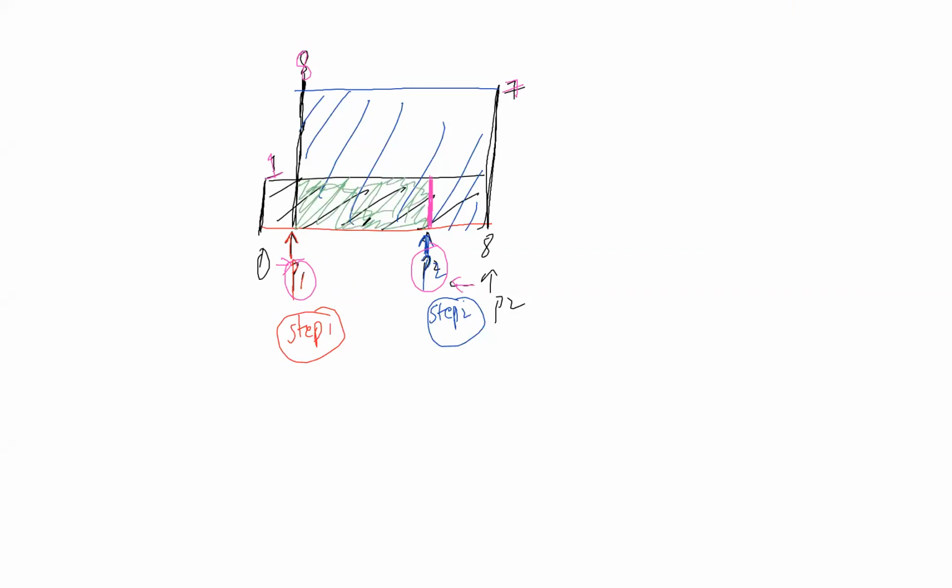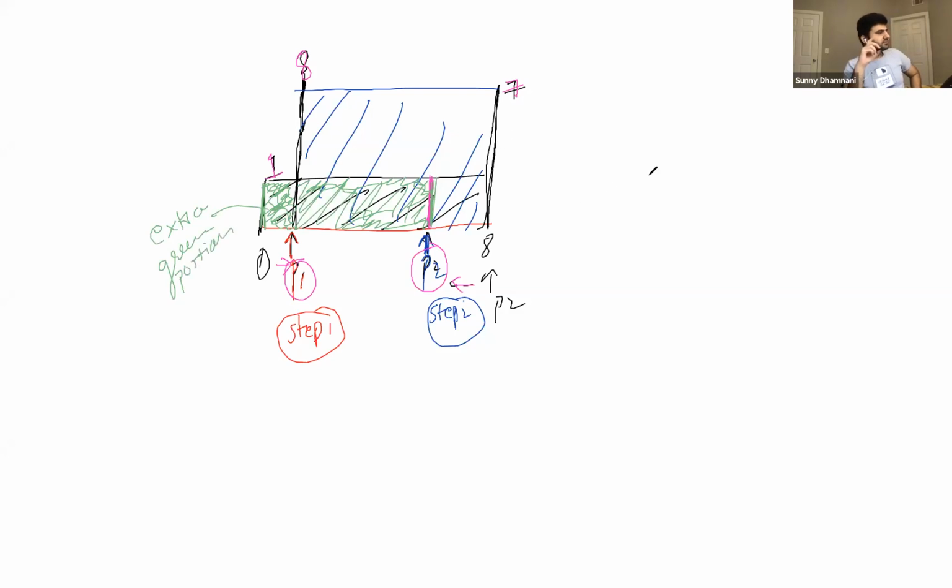But if I would have taken this wall for P2, then the amount of water would have been this, like there will be extra green portion. So am I doing anything wrong?